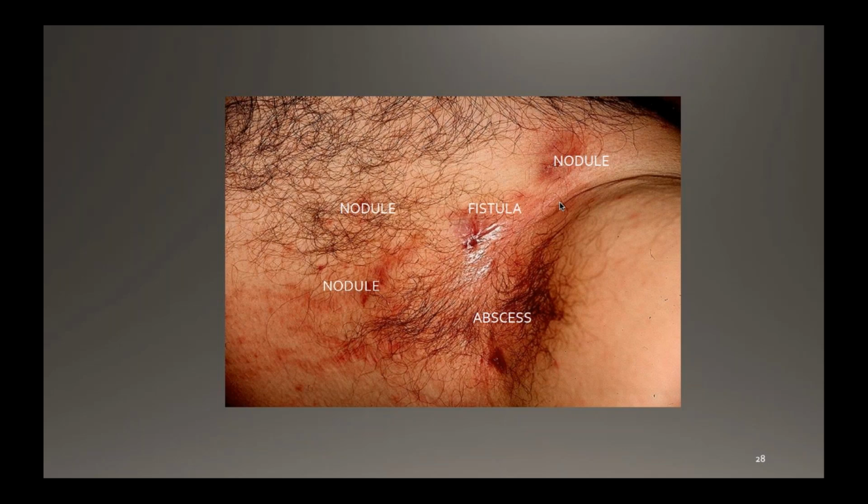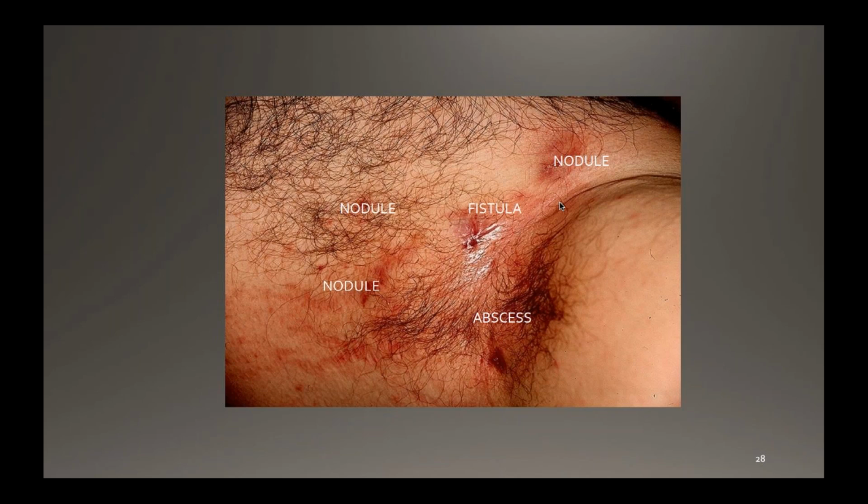Maybe some of them are red, some of them have this kind of nodular lesions, more erythematous, or with this kind of fistula tract.